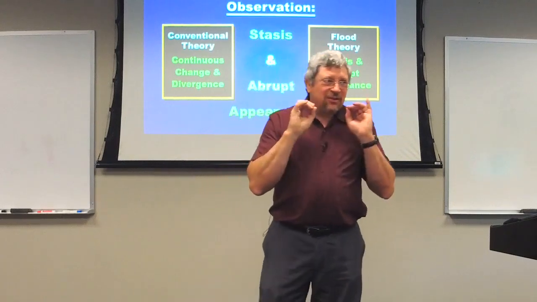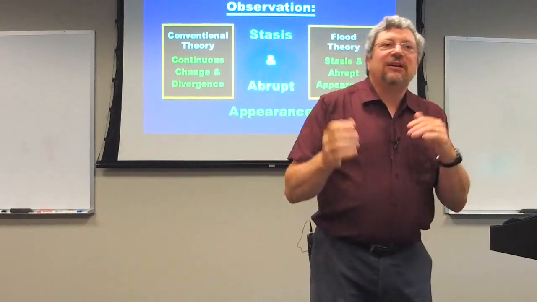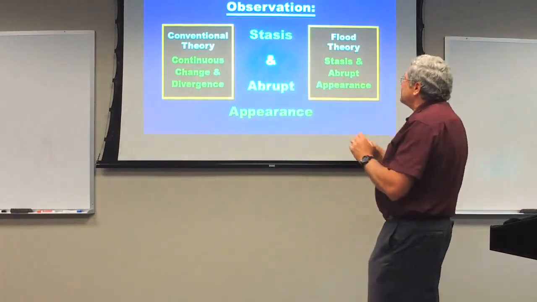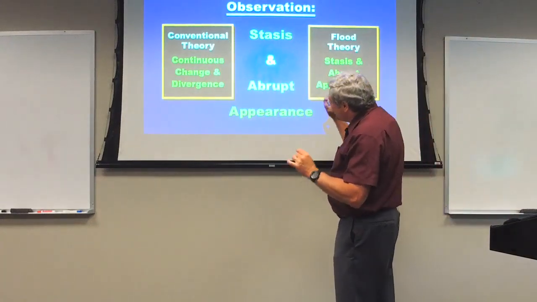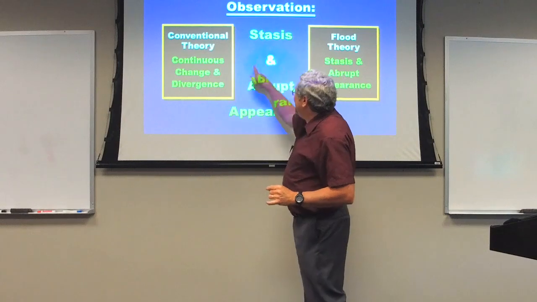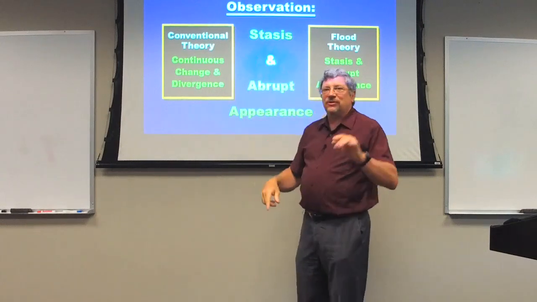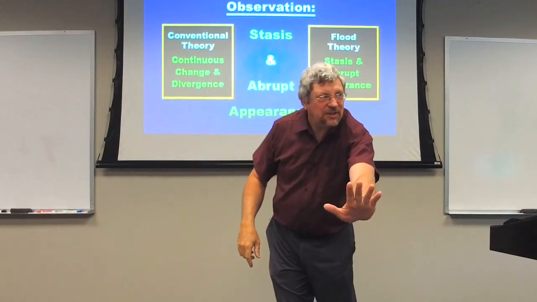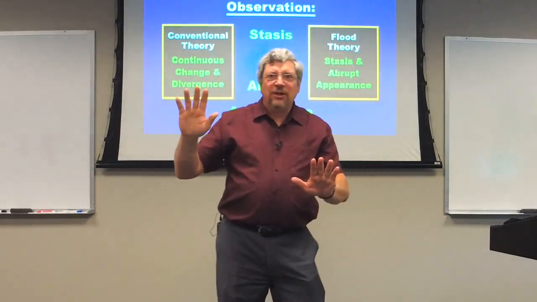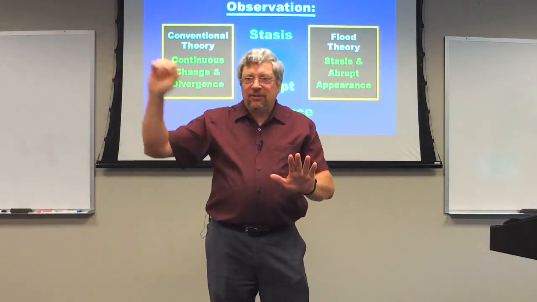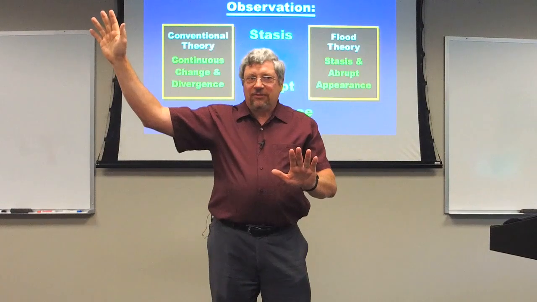And there's a paper he wrote later in his life where he said, it's interesting that the same pattern of stasis and abrupt appearance we see in species seems to also be true at higher taxonomic levels, at all taxonomic levels.